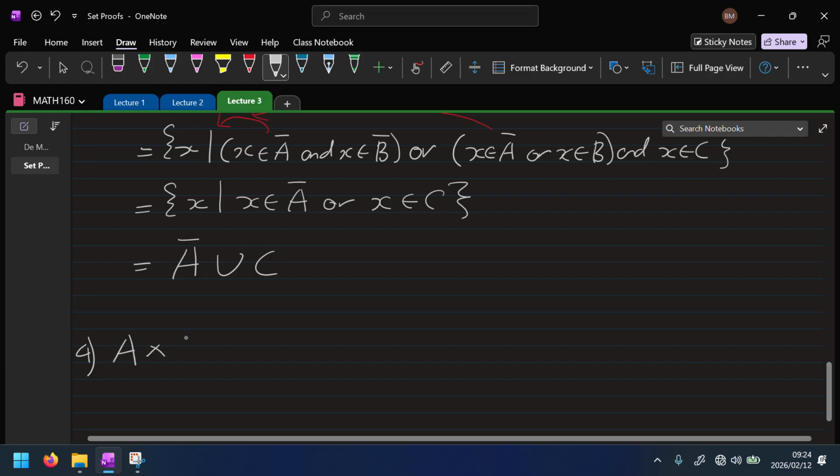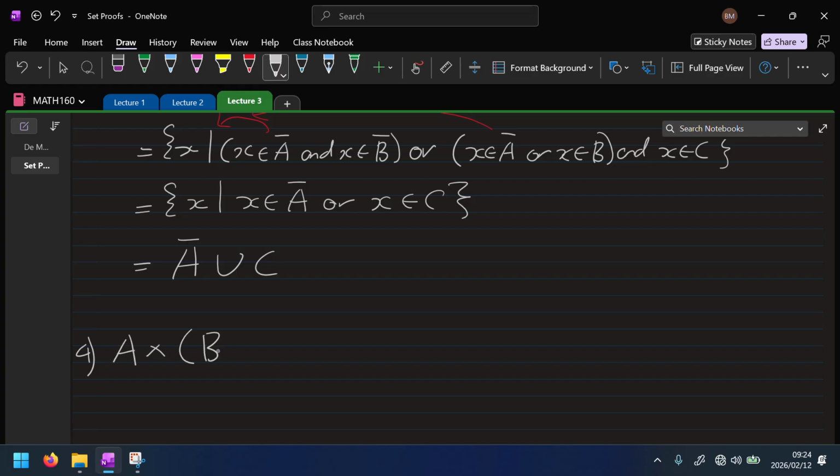So we have A Cartesian product B intersection C is equal to A Cartesian product with B intersection with A Cartesian product with C. So now we've got these two operations, intersection as well as the Cartesian product.